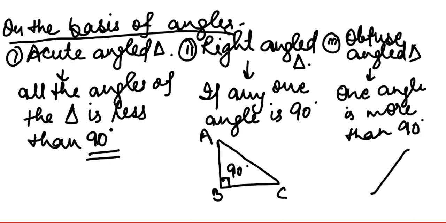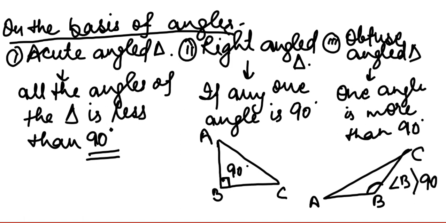Therefore, the triangle so formed will be something like this. Let us consider this is A, this is B, this is C, where angle B is more than 90 degrees. Clear?